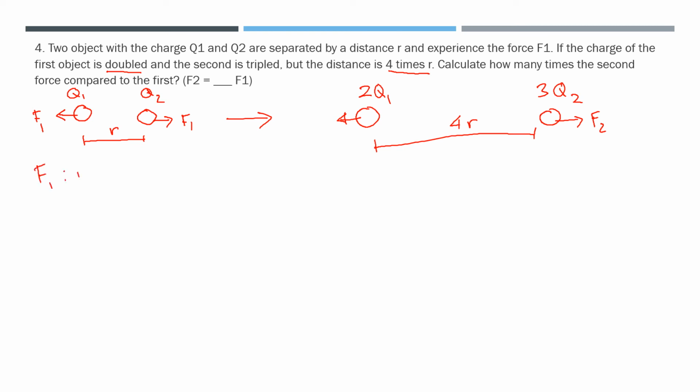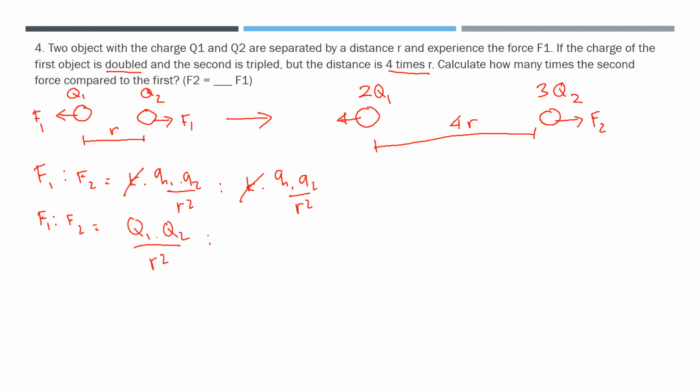So F1 to F2 equals K times Q1 times Q2 per R squared, to K times Q1 times Q2 per R squared. So for F1 to F2, just cross the same ones. K is equal, right? And this one is Q1 times Q2 per R squared, but this one is 2 times Q1 and 3, because triple, don't forget triple, 3 times Q2, over this one becomes 4R.